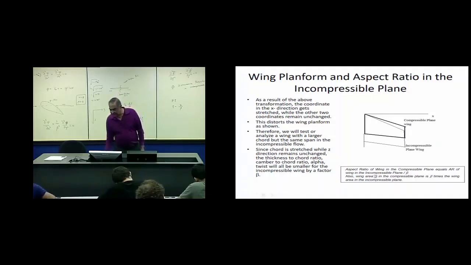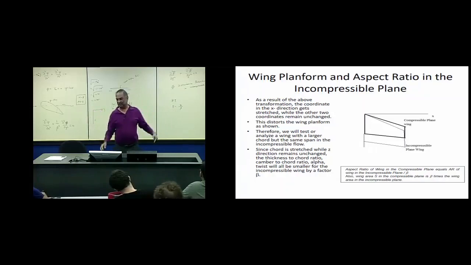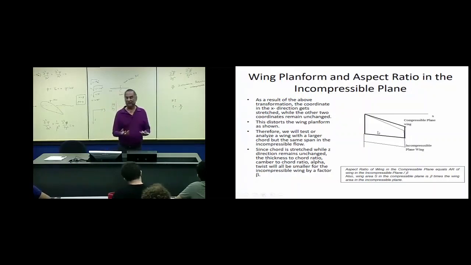So what happened to the aspect ratio of the wing? We notice that the wing area has increased. Okay, wing area is projected planform here. We notice that everything has gotten stretched. So you have a bigger chord, same span. So the area of this new wing is going to be 1 over beta times the area of the old wing. Okay. Aspect ratio is span squared divided by wing area. Span is the same, so span squared is the same.